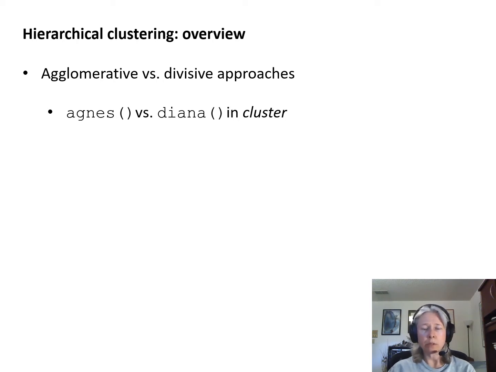We will not be using these today because these functions package a lot of things together that you need to be able to understand individually. So agglomerative approaches are the ones that are generally used in ecology. And so in the next slide, I want to talk about the output that you get from an agglomerative hierarchical cluster analysis and how you interpret it.